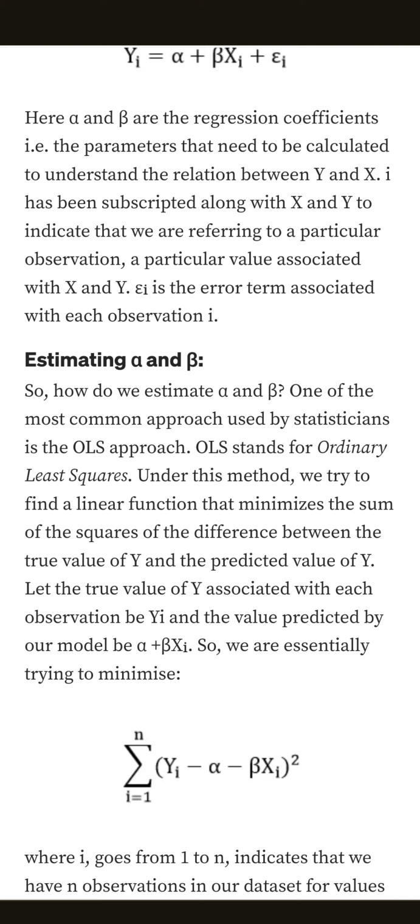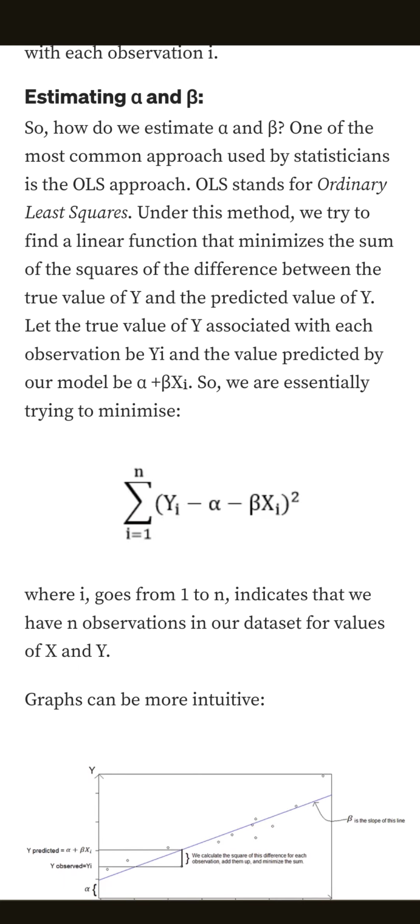Let the true value of big Y associated with each observation be big Y sub i, and the value predicted by our model be alpha plus beta big X sub i. So we're essentially trying to minimize the sum from i equals 1 to n of big Y sub i minus alpha minus beta times big X sub i, and we close the parentheses and we square it.